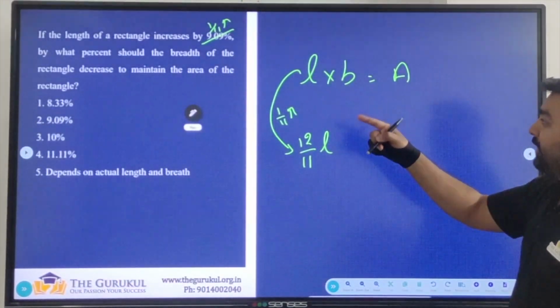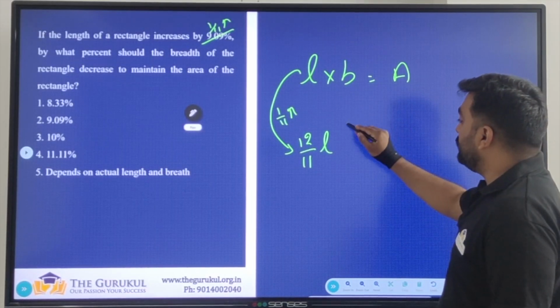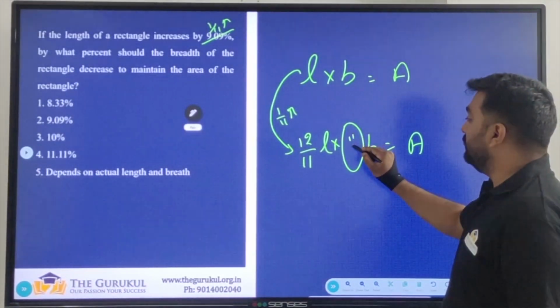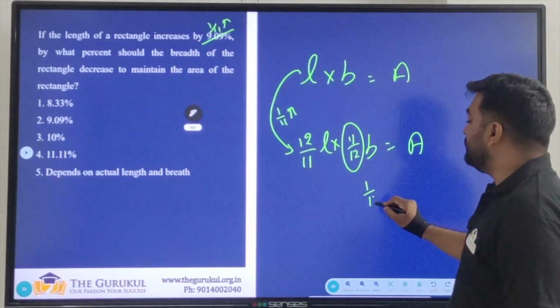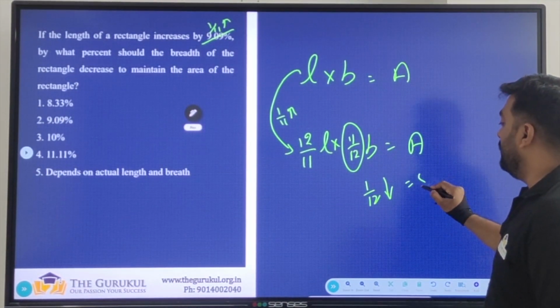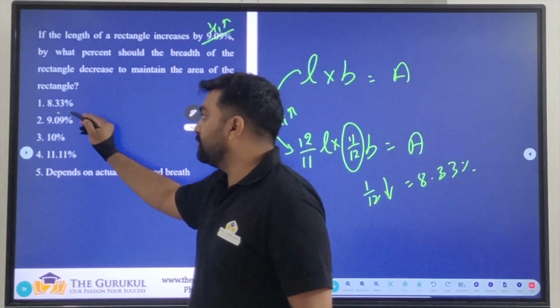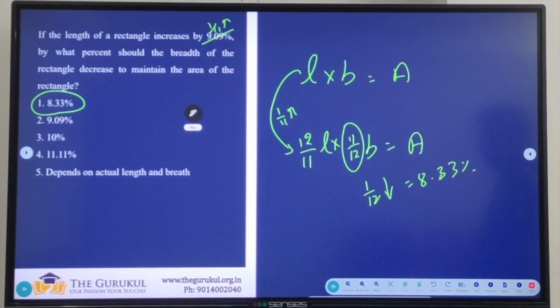The rectangle breadth should decrease. Something should happen over here so that area remains constant. This should be 11 by 12, which means 1 by 12 decrease, 8.33%. Option 1. See, the problems are so direct if we are good with fractions, or else the same problem will keep on getting more difficult and complicated.